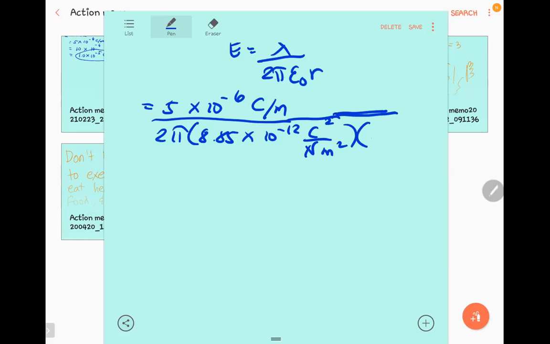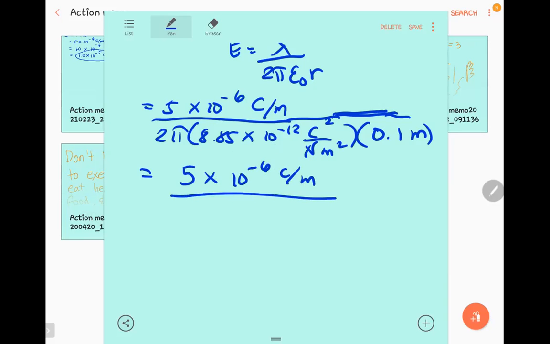Our radius is 10 centimeters. So we will convert centimeters into meters. So 10 centimeters is 0.1 meters. Okay, so this one is 0.1 meter. Okay, so if I solve for the lower part using the calculator, you can also use your calculator so it is easier to follow. I will copy what is on top first.